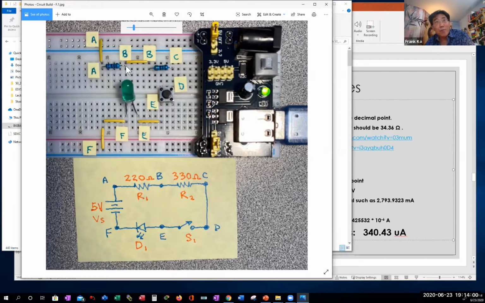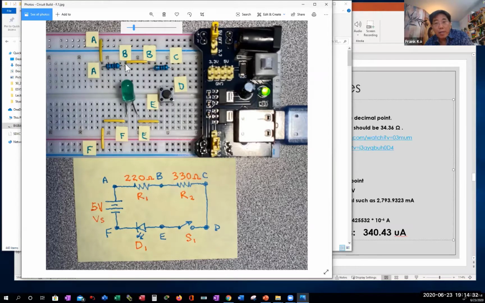On the other side of the resistor, in the schematic, R1 is connected to R2, and that's identified as point B. On the circuit build, I'm using a jumper just to space things out. The first resistor connects through this jumper to the second resistor, and one end of that jumper is point B. The other end of the jumper is also point B, because there's no resistor between the two ends.